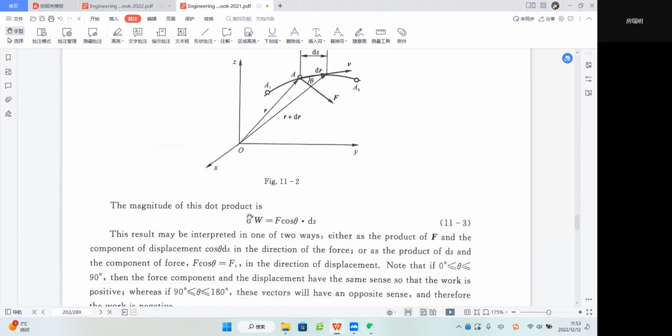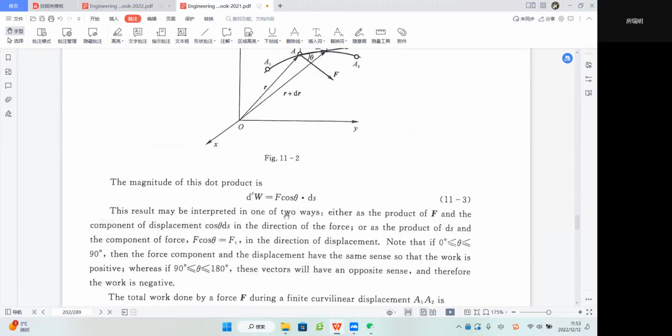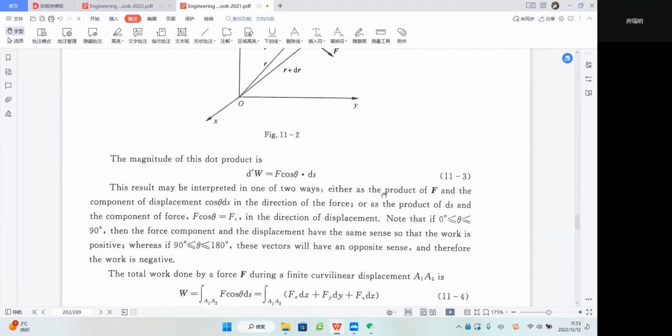So we have dW equals F cosine theta ds. The result may be interpreted in one of two ways: either as the product of F and the component of displacement, cosine theta ds, in the direction of force, or as the product of ds and the component of force, F cosine theta, which is Ft.